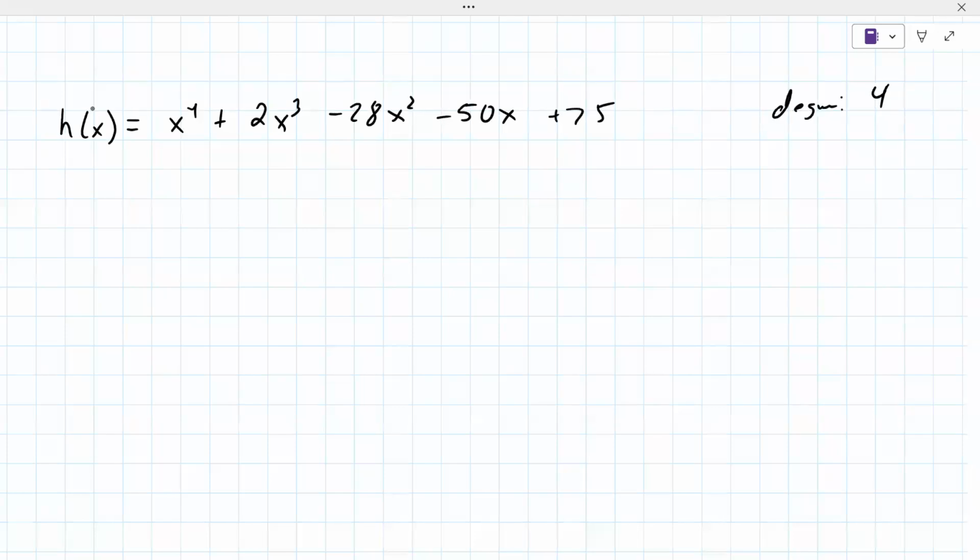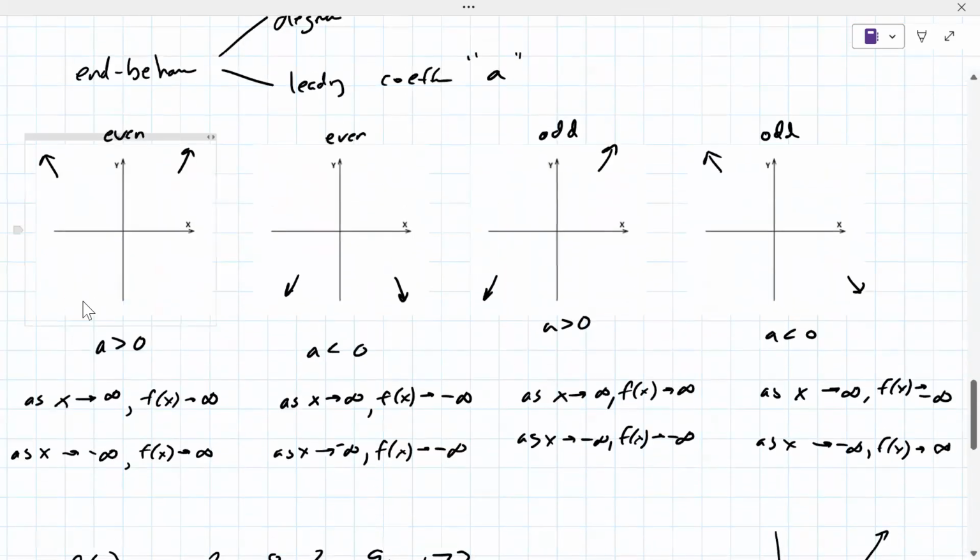What about the leading coefficient? 1. It's 1. So which of these four graphs is it? It is one even, one odd. So it's odd. A is greater than 0. Which of these is it? 1, 2, 3, or 4? Oh, 3.